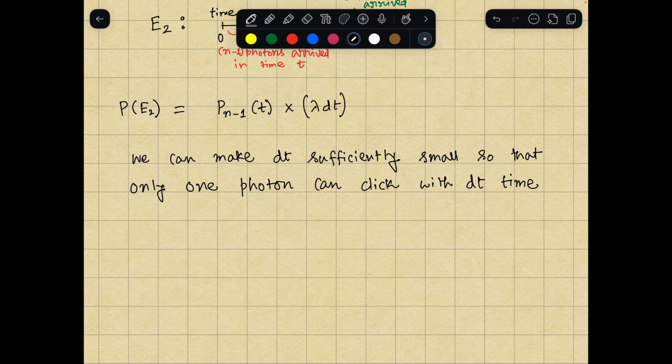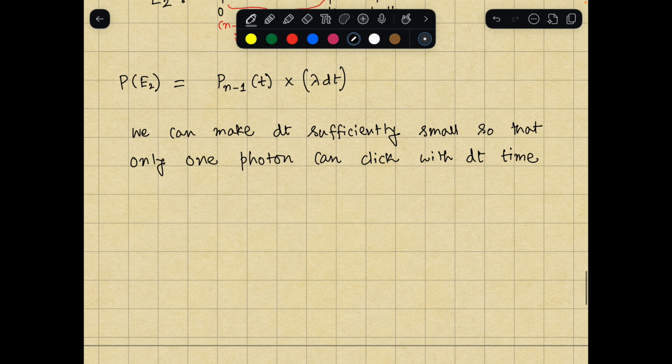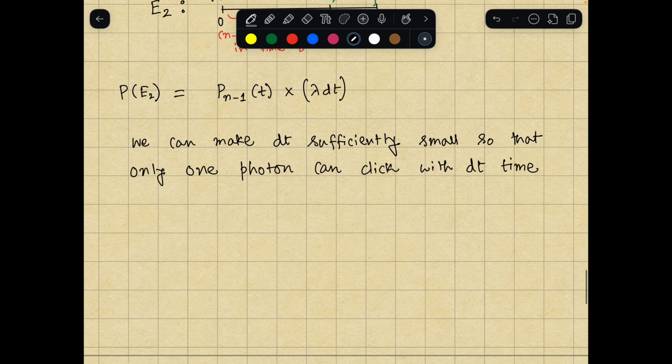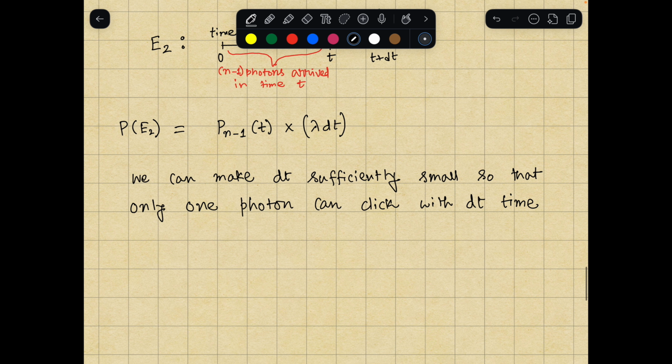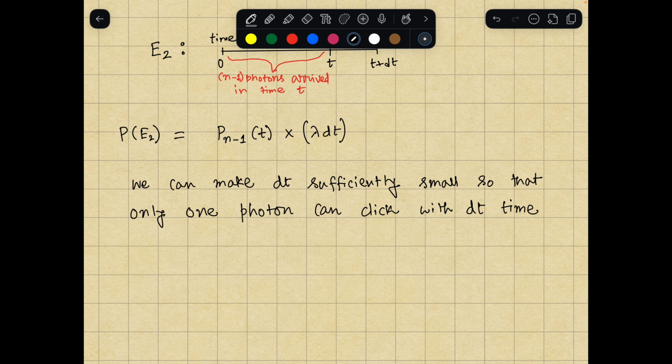Okay, so this is the reason why we have not taken into account that 2 photons can arrive between t and t plus dt.